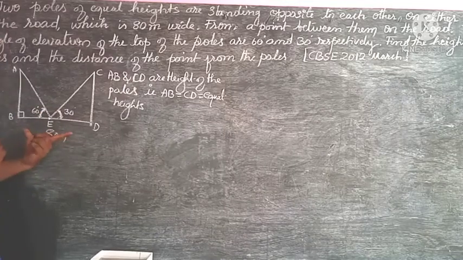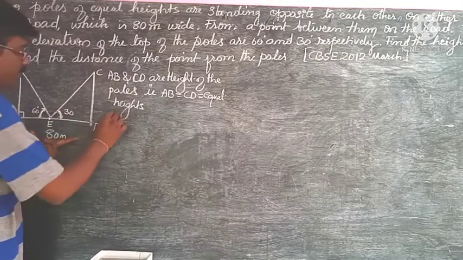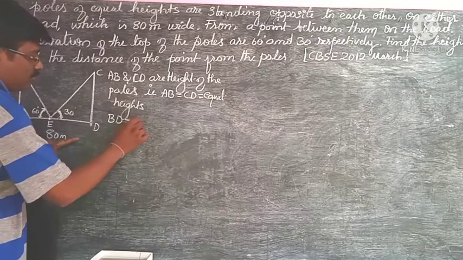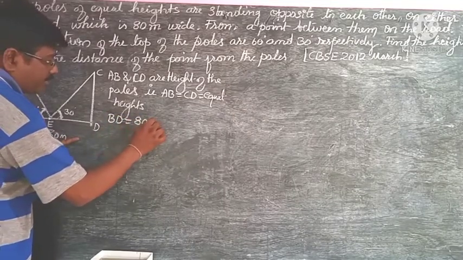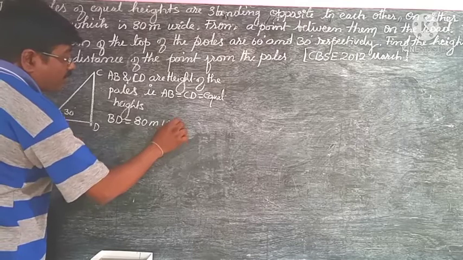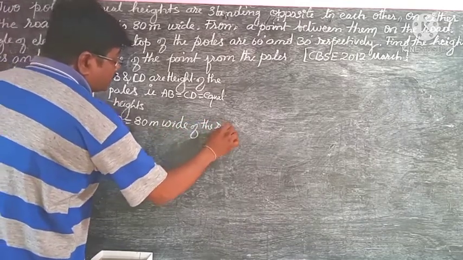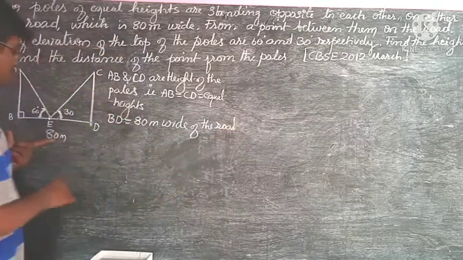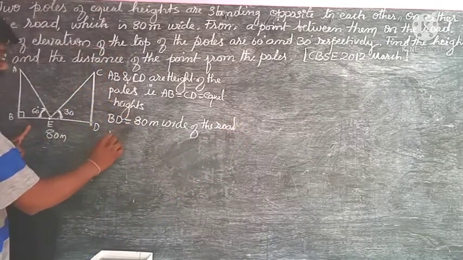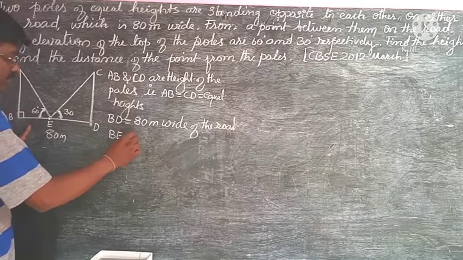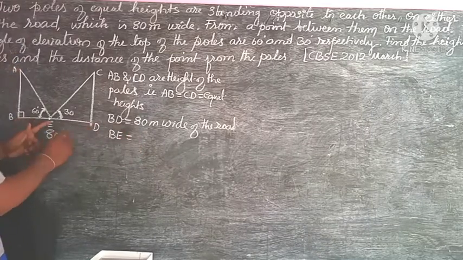They have only given BD, which is equal to 80 meters, the width of the road. So BE can be written as BD.